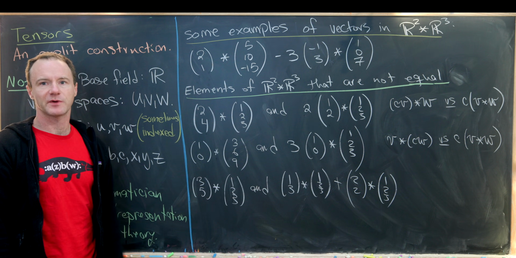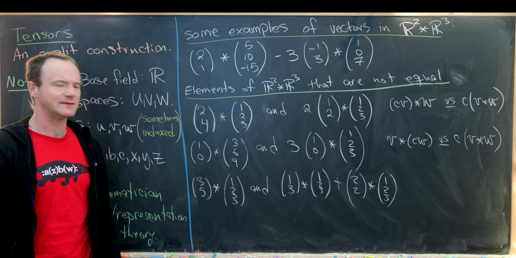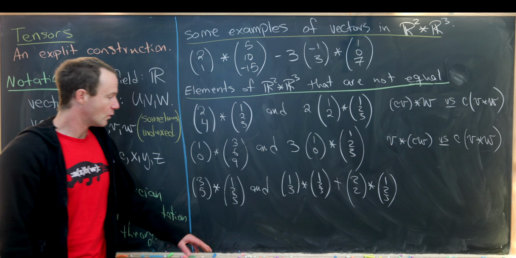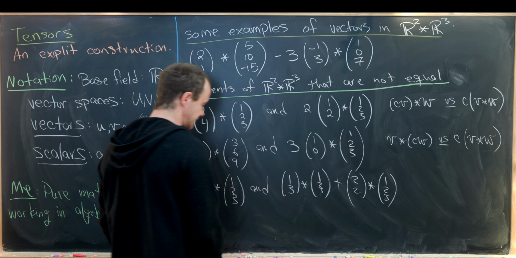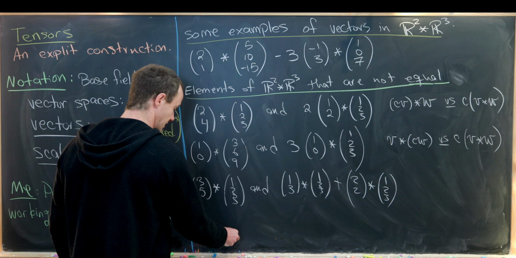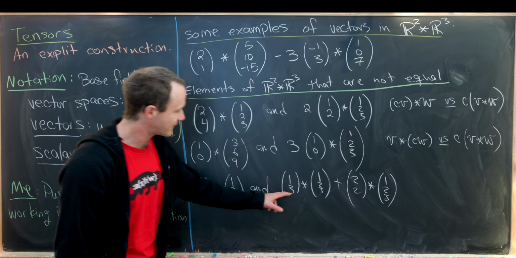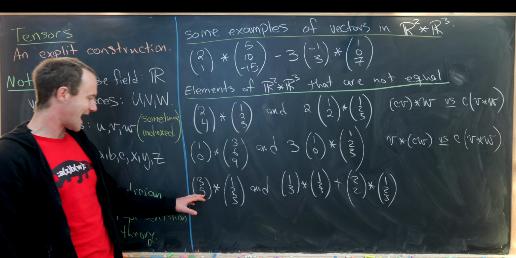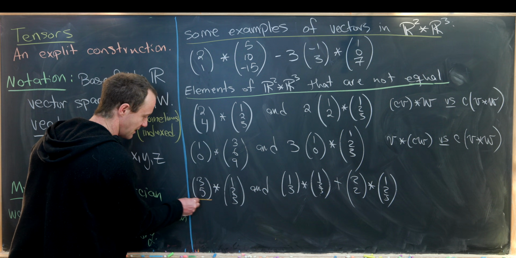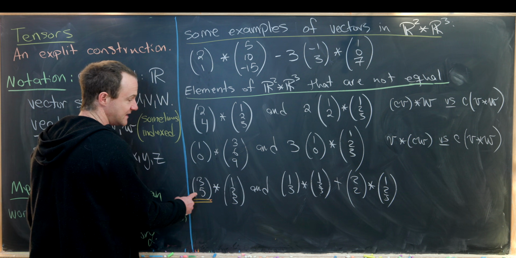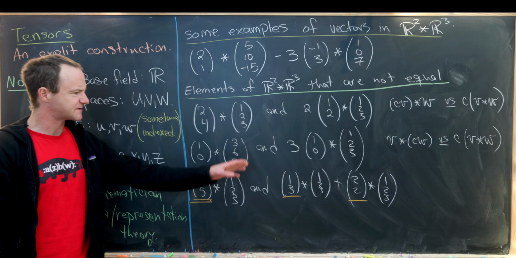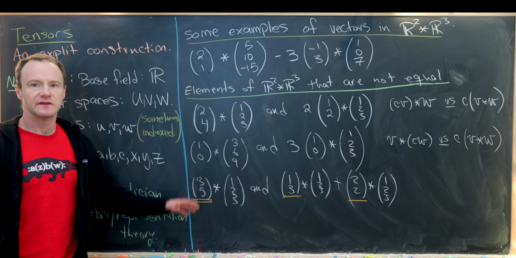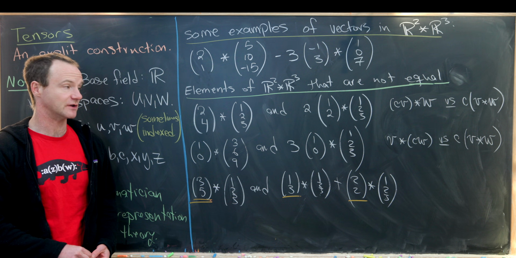So let's look a little bit more closely at why those seem like they should be related. Well, we've got the same vector in these two spots, (1, 2, 3), as well as right here. And then the vectors that make up the first part of this formal product add to this vector right here. So let's maybe underline those in orange. This is the sum of these two vectors. So if something like this were true, then we would have something like a distributive rule.